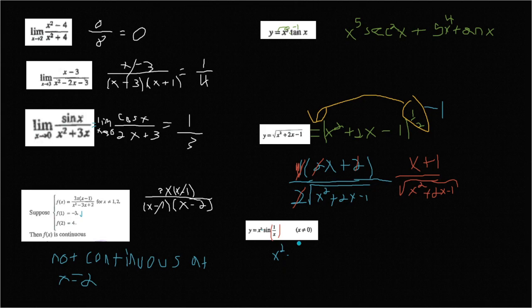So we're going to start with the outside function, which is sine x. And so the derivative of sine x is cosine x. And this is actually 1 over x. So you have to do 1 over x here. But for this second term, we also have to multiply by the derivative of the inside.